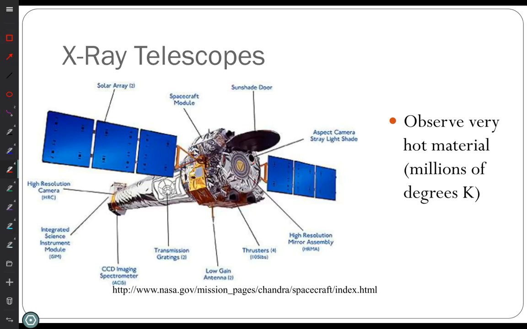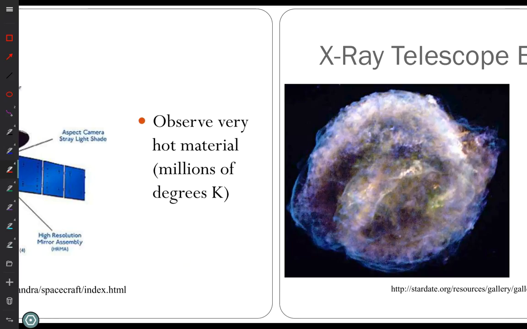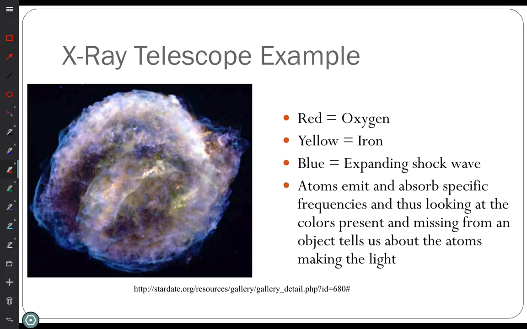Then X-ray telescopes for super hot things. And so here's an X-ray telescope image, and I put the key on this one for what each color represents. And you'll see that the colors actually represent not just different things, but different types of things. So the red and yellow are telling you about what atoms are present.